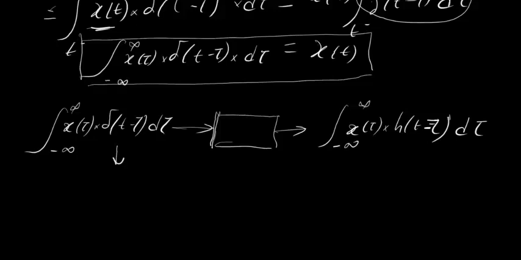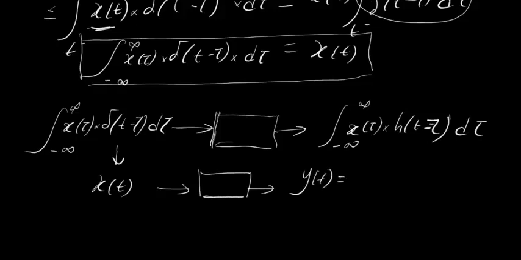Well, it turns out that the input is nothing but a weird way of saying x of t. And since this is fed into my system, I would expect the output to be y of t. So I can write y of t as being this.